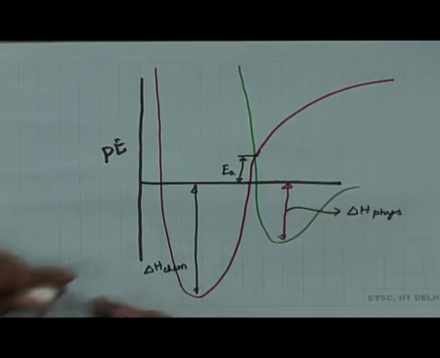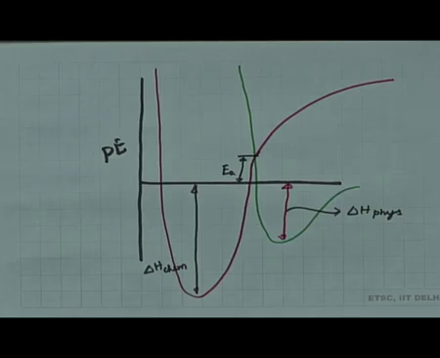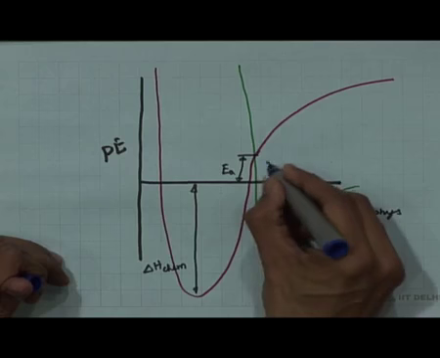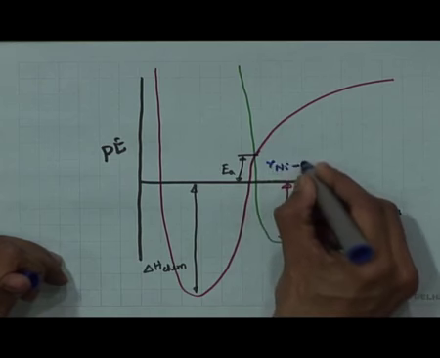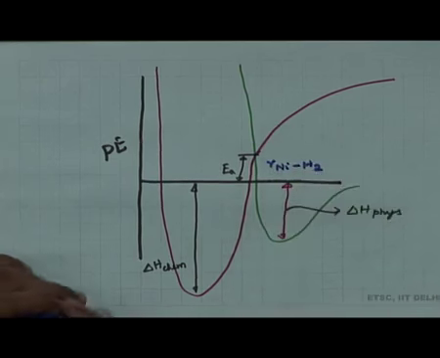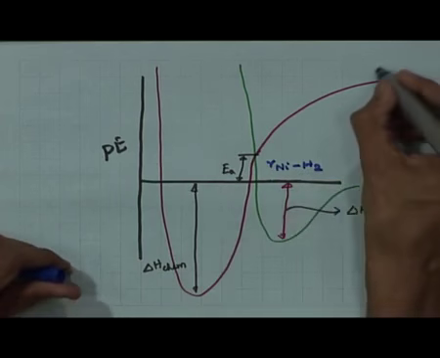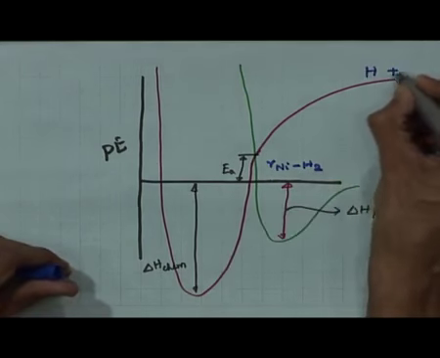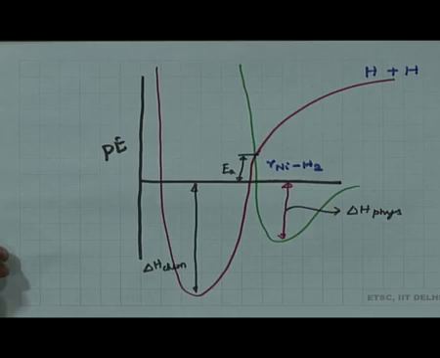This point here, if this surface is what we have looked at, the nickel to H2, then this point here corresponds to dissociated hydrogen. This corresponds to nickel H2.